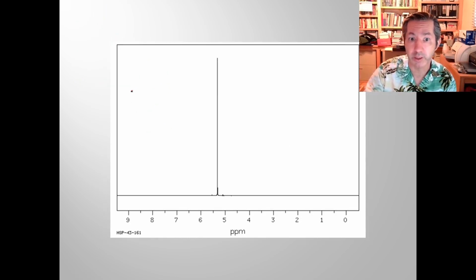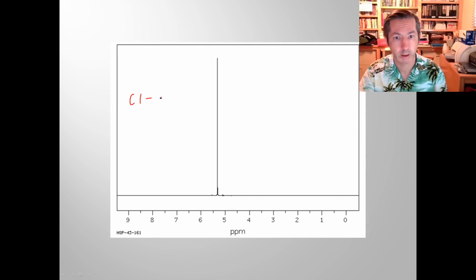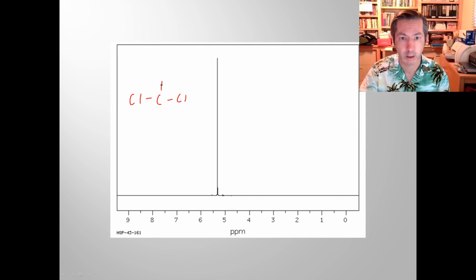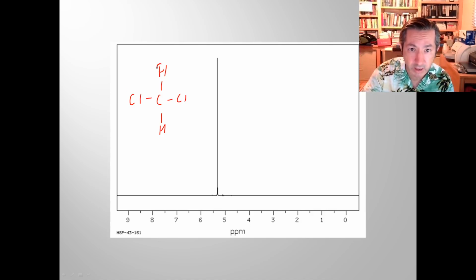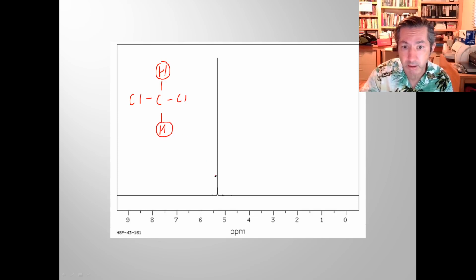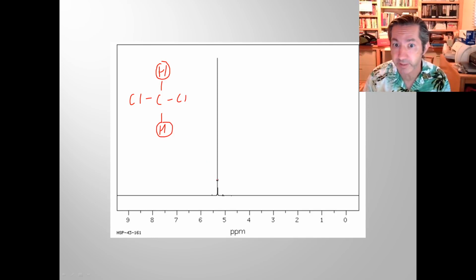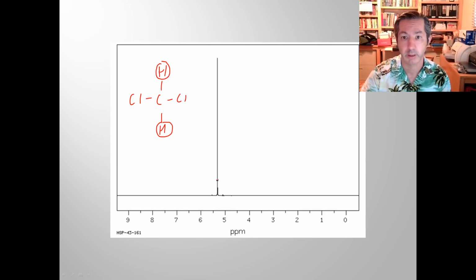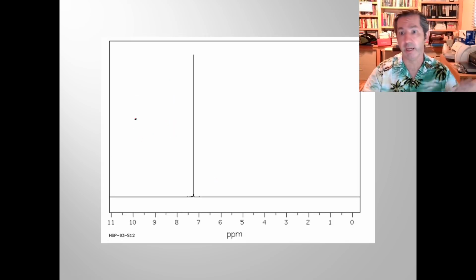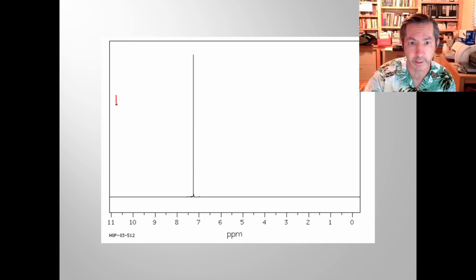Let's throw another chlorine on there. Now we have dichloromethane. So now you have 2 chlorines pulling electron density off of those hydrogens. The electron cloud gets even smaller, and with a smaller electron cloud, we get more of a downfield shift. Now let's look at this next compound. Why don't we throw 3 chlorines on there?